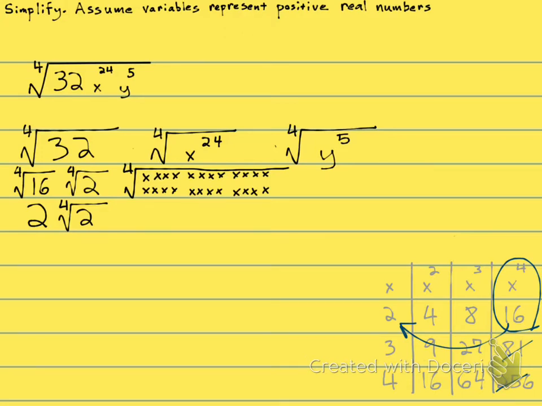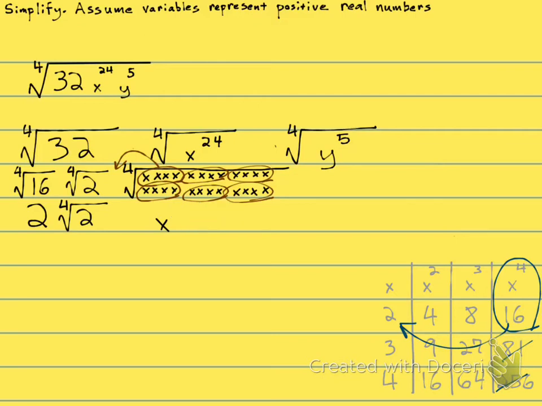So if this is my 24 x's, I'm looking for one group of 4 inside to be able to take one x outside. So this will give me one x outside, 2 x's outside, 3 x's outside, 4, 5, 6 x's outside. So what this really is going to look like is x to the 6th outside of the radical, and there's nothing left under the radical.